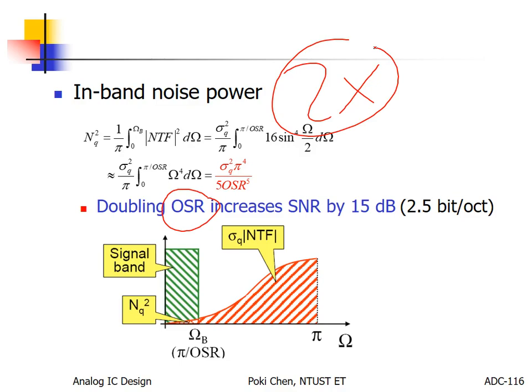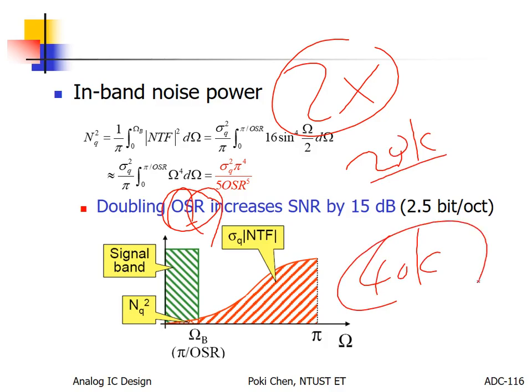Okay, and beyond that, we call it oversampling. But how much in ratio? For example, for our voice, for our audio, I told you, for human ears, 20K. So sampling frequency needs to be 40K at least.